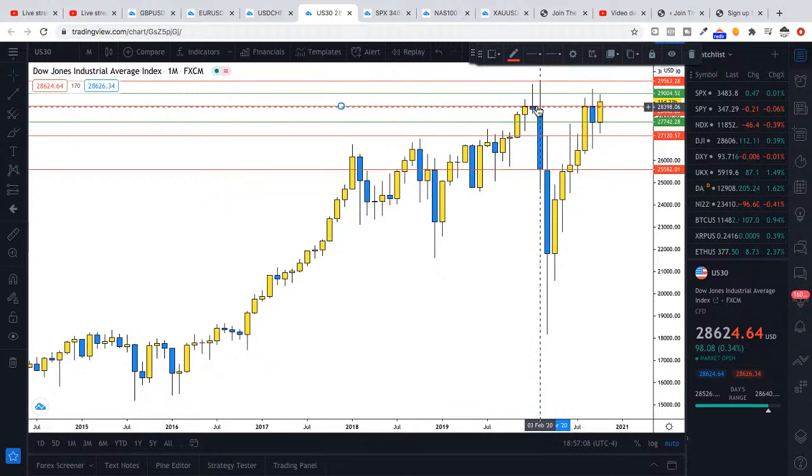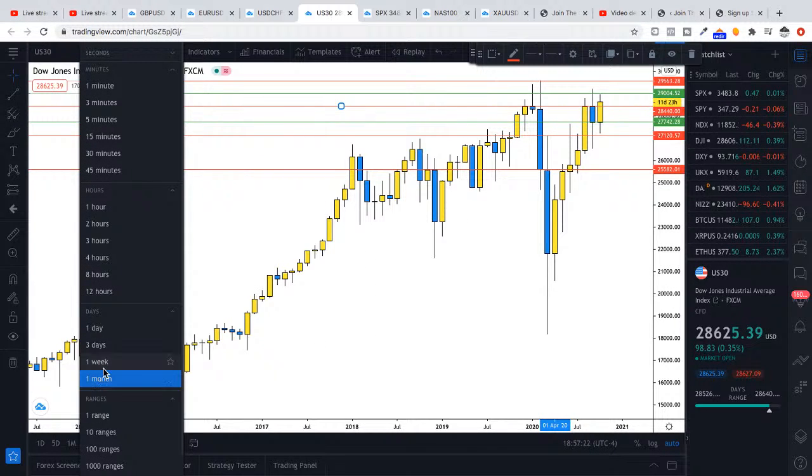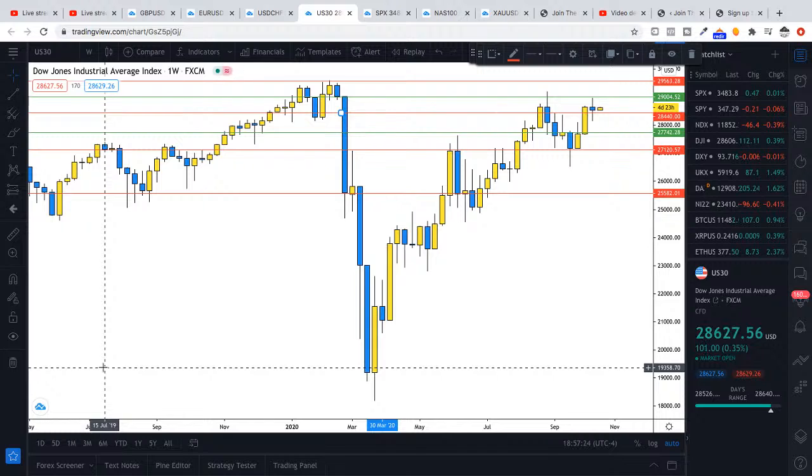You see all of these, it respected this zone right here, and it just recently cleared that zone and closed above it. Well, this month is not closed, so we don't know if it's going to close above it. I'm sorry. Now let's jump into a weekly chart and see what price is doing right now.